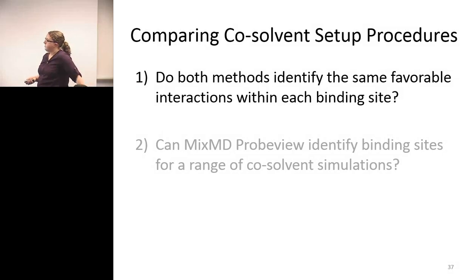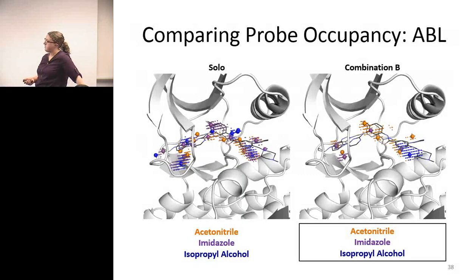So the first thing we were interested in looking at was to see if both of these solvent setup methods identify the same favorable interactions within each binding site. And so I'm only going to go through one set of results in the interest of time. On the left, I have the results from the simulations that were done of each of the probes individually for Able.